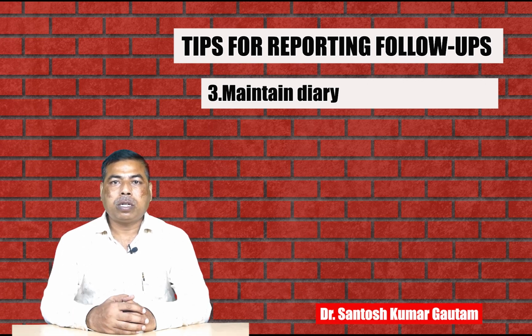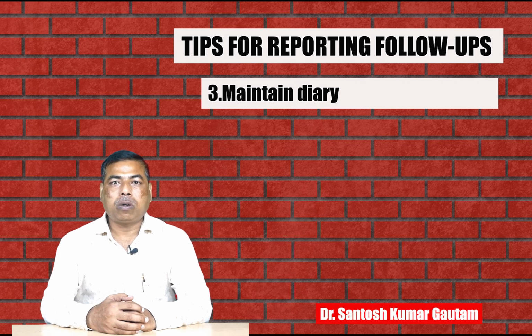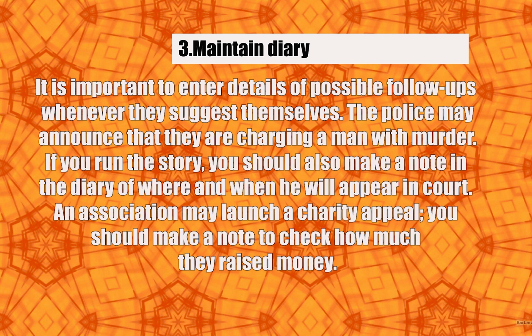If you see the chance for writing a follow-up sometime in the future, make a note in the diary to remind you. You must look at the diary every day for reminders of events or anniversaries. It is important to enter details of possible follow-ups whenever they suggest themselves.